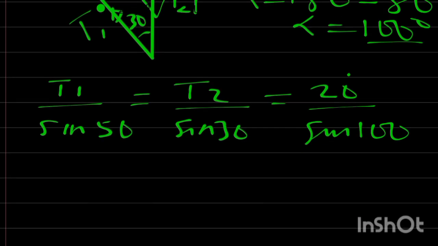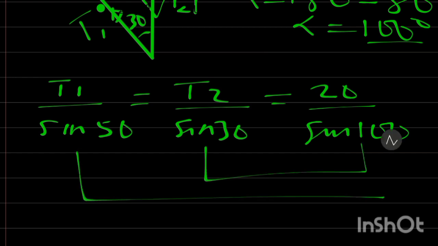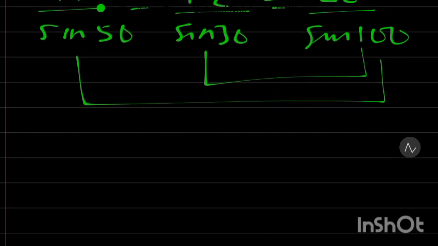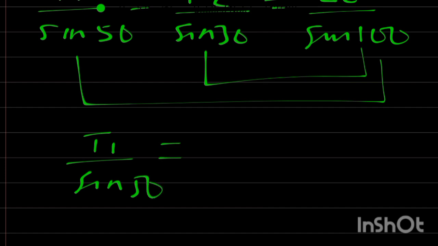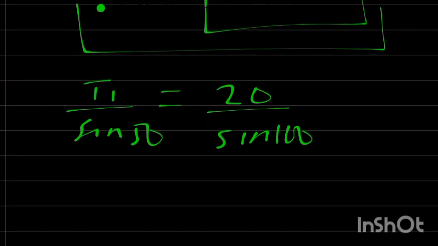Because this particular fraction is complete, I can combine this and this to find T2, and also this and this to find T1. Therefore, to get my T1, I will say T1 over sine 50 is equal to 20 over sine 100. All you have to do is to solve this and get the value of your T1.